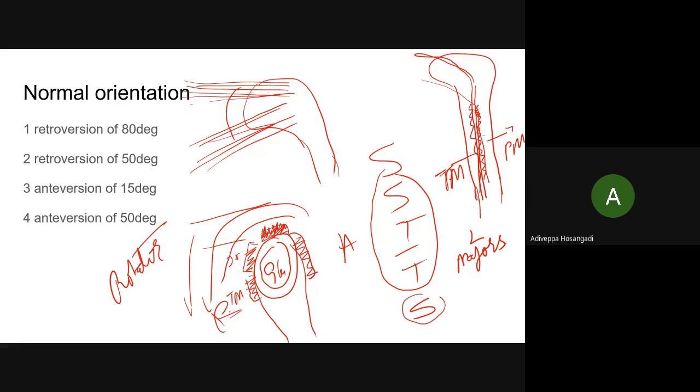So you call it SSIT. That's why I remember it as SSIT, or you said SITS, whatever. SITS is subscapularis anteriorly, SIT is from above to posterior. Understand? Okay, sir.